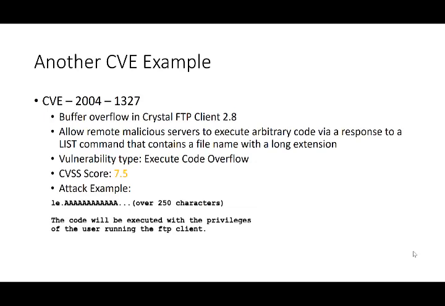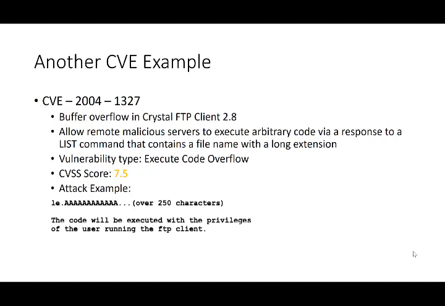And here's another real-life CVE example, CVE ID 2004-1327. The vulnerability type is also SQL code overflow. The buffer overflow is in a product named Crystal FTP client version 2.8.